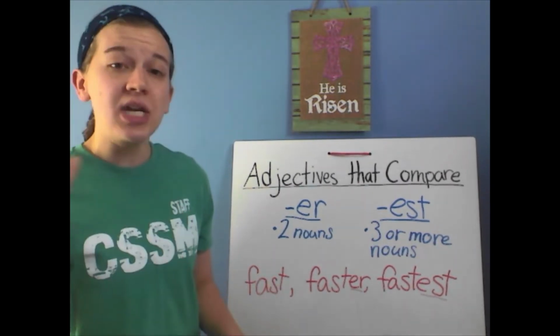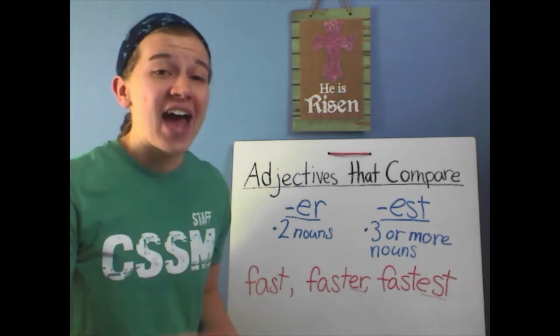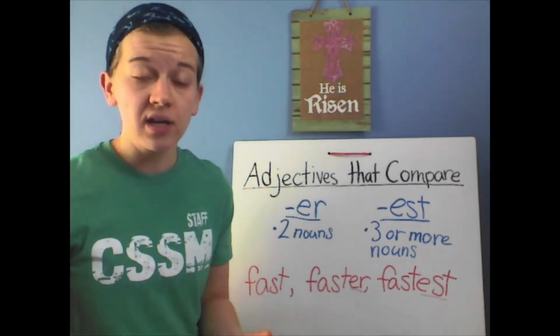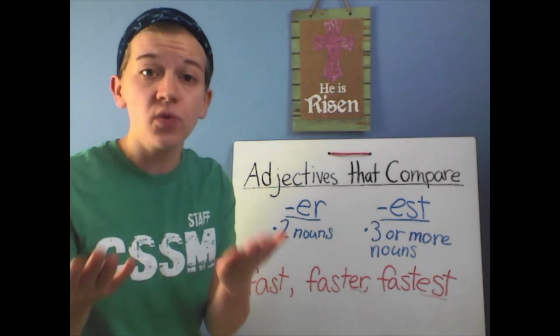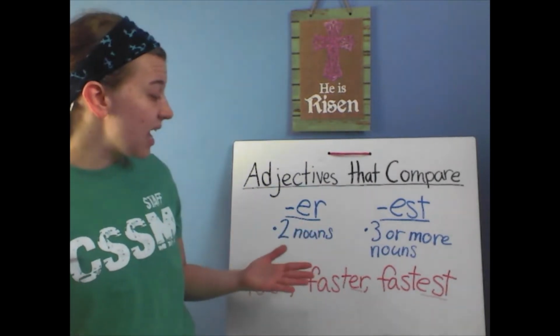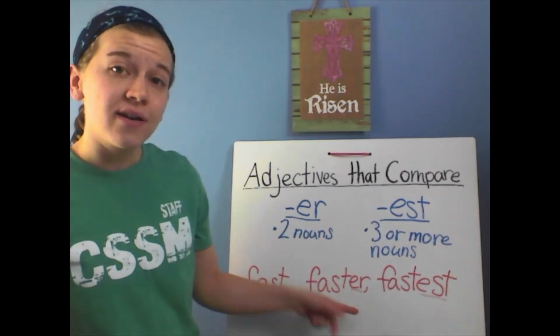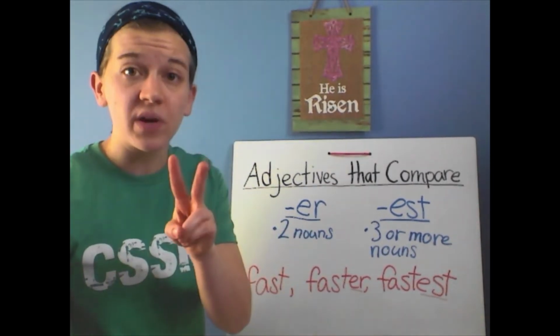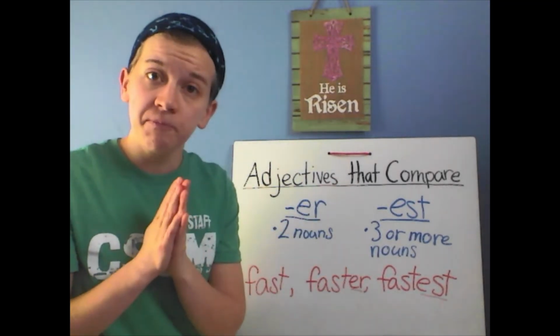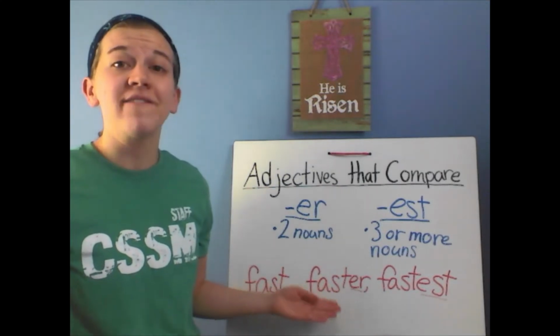So Sheena is a faster runner than Kurt. We're comparing Sheena and Kurt, two people, two nouns. We say faster, because there's two people that we are comparing. We are comparing how they run, and Sheena is faster.